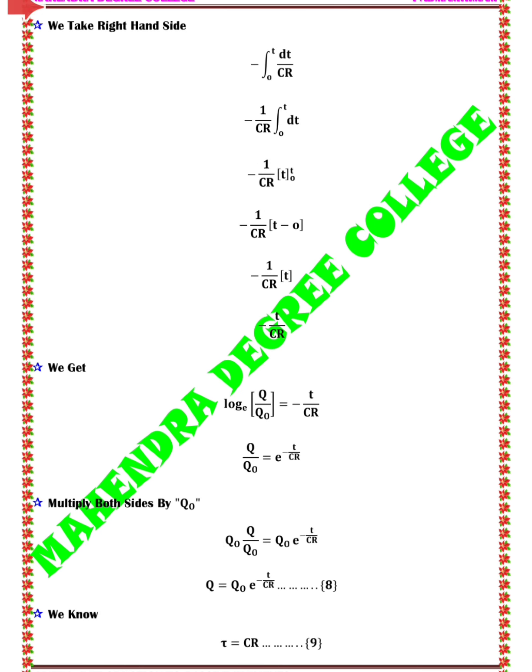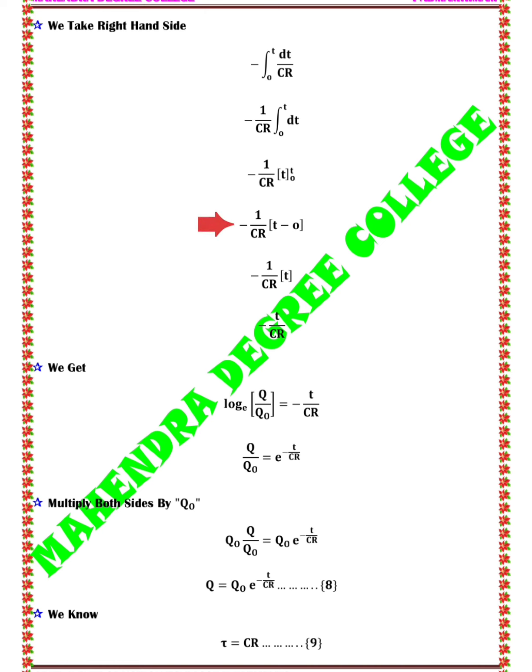We take the right hand side, minus integral 0 to t dt by CR. We write minus 1 by CR integral 0 to t dt, where integral dt means t. So, minus 1 by CR t from 0 to t.